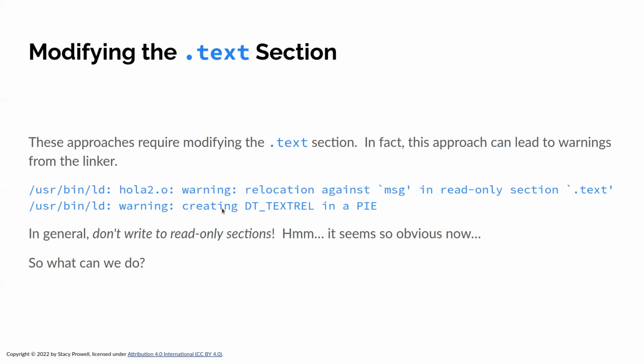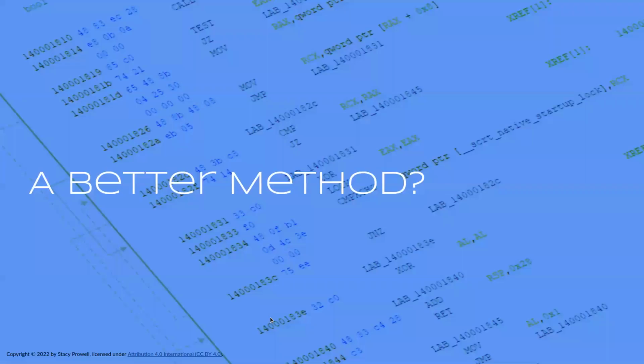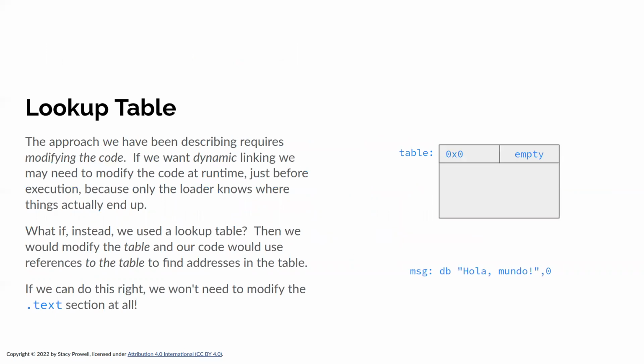Don't do that. It's basically saying, don't make me patch a read-only section at runtime. But you know what? I'll just give you a warning this time and let you off, and I'll go ahead and do it. So how can we not do that? All right, we need a better method. Here's where it's going to get a little bit crazy, so buckle up.